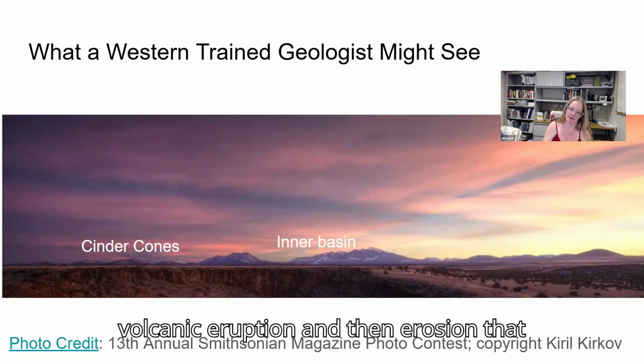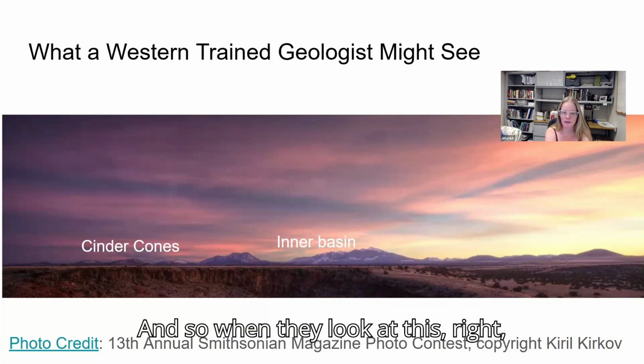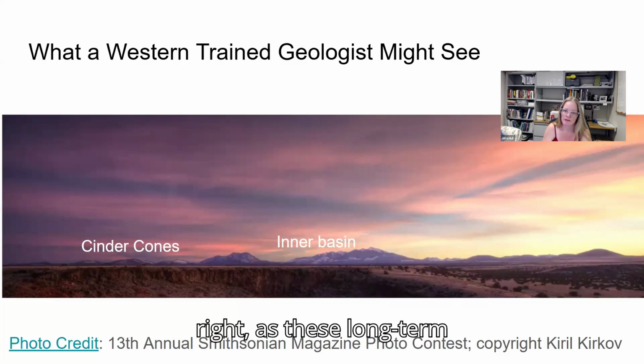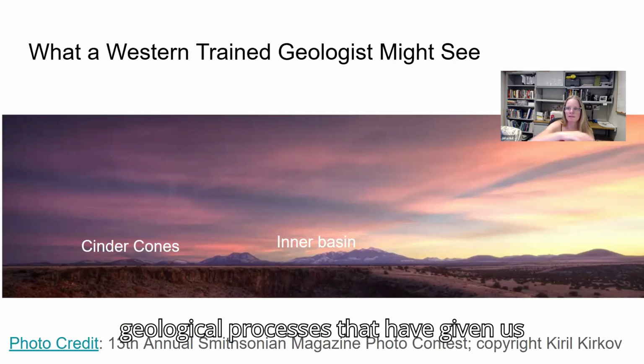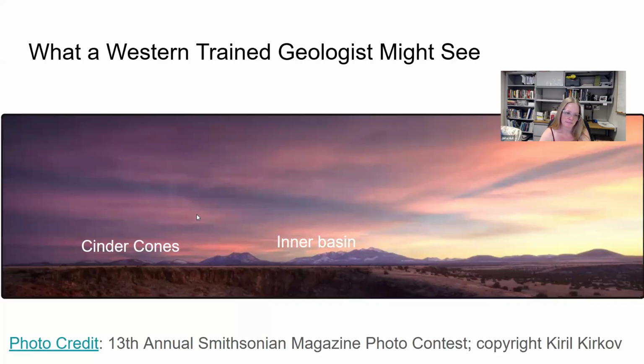There was a volcanic eruption and then erosion that created this inner basin. And so when they look at this, that's the landscape they're seeing, these long-term geological processes that have given us this skyline.